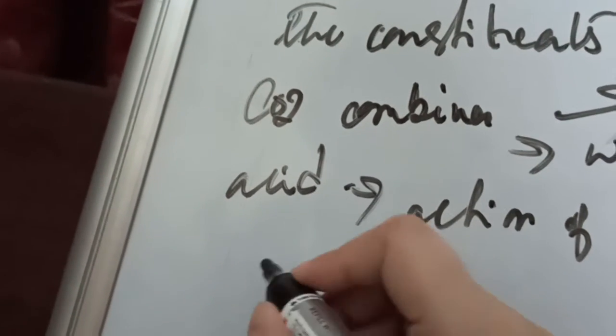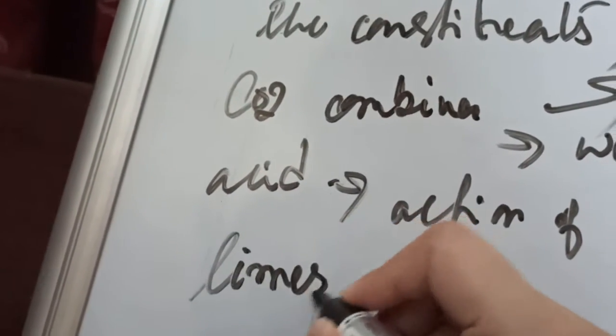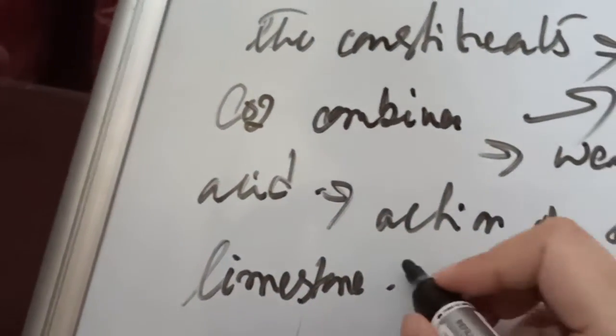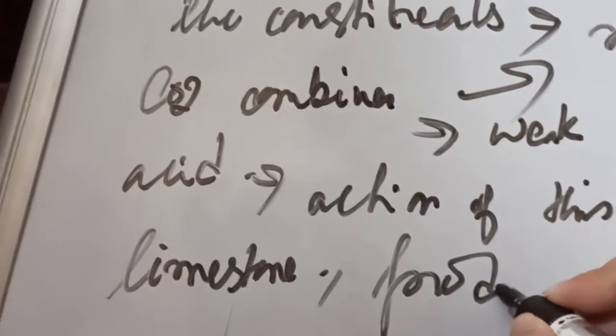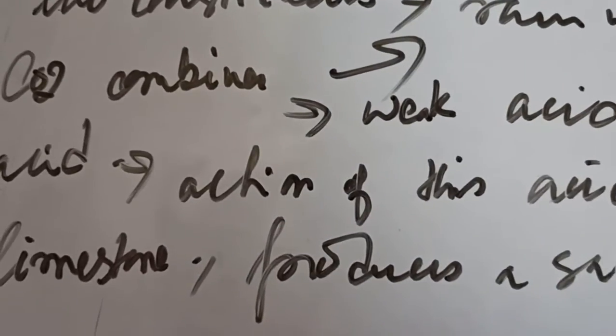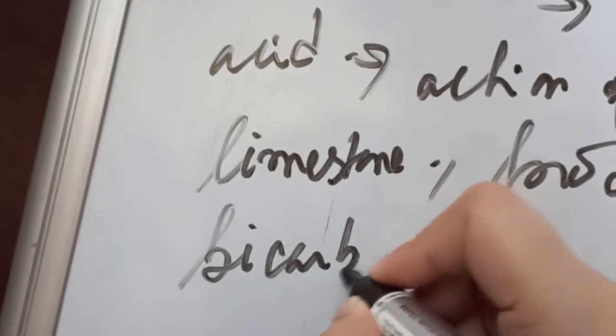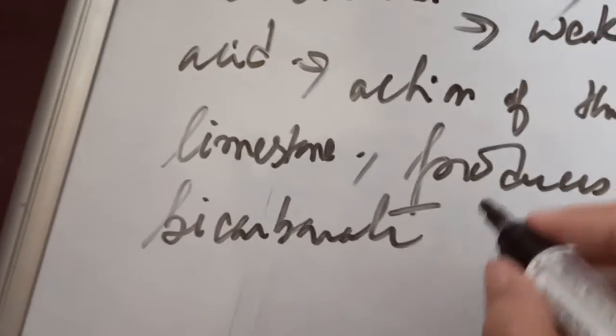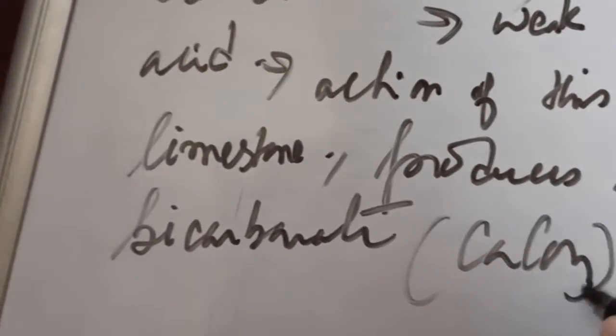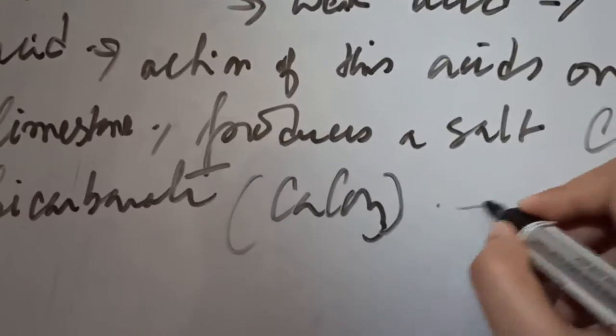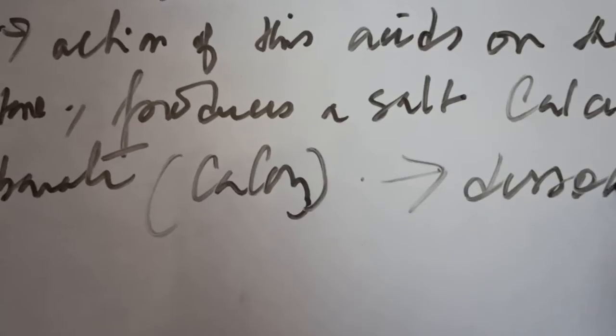When this carbonic acid falls into any limestone region, the action of these acids on the limestones produces a salt called calcium bicarbonate, CaCO3. So this acid actually dissolves the limestone and produces this salt.